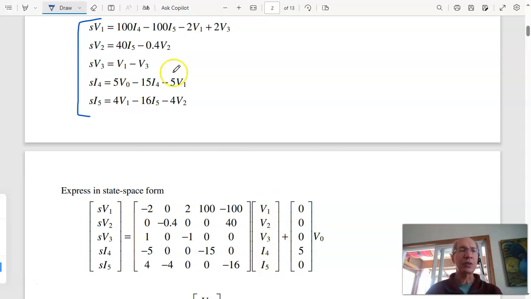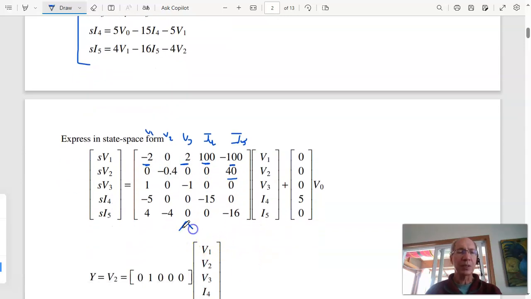If I choose this order, then the first equation is, sV1 is 100 I4, minus 100 I5, minus 2V1, plus 2V3. So there's the first equation. The second equation, sV2 is 40 I5, minus 0.4 V2, likewise for all the rest.